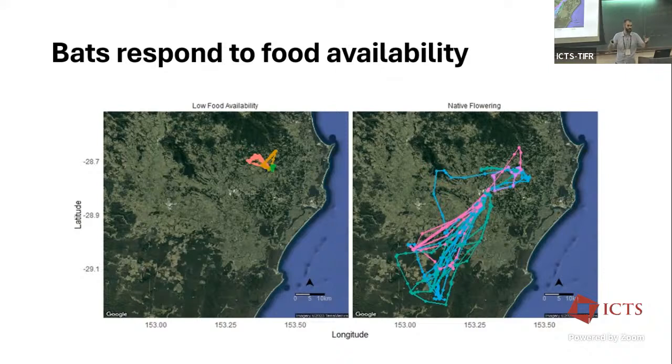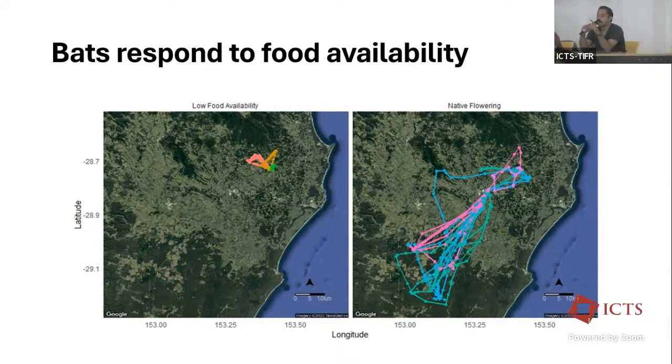So you would get huge aggregations of hundreds of thousands of bats all at once, and then they would spread out and go. What's happened is as they've lost those nectar resources, they've moved into agricultural areas and more urbanized areas, and they're feeding on people's backyard trees. They don't have to go as far because this environment has laid it out for them, but it may be suboptimal food. So they're trying to make do with what they can.